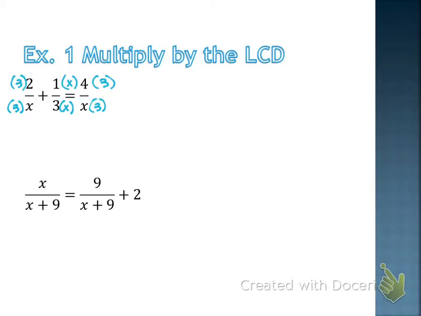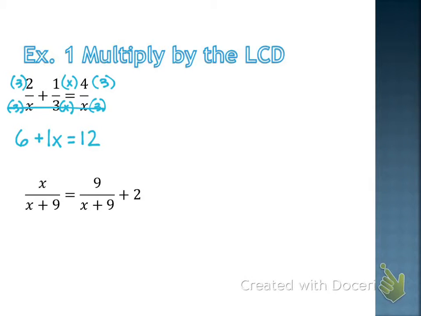After I've got my common denominator, I can just cancel out the denominators and work with my numerators. What's 3 times 2? Plus 1 times x is 1x, equal to 4 times 3, which is 12. Now I just have a regular equation that I can work with. I don't have to worry about simplifying a fraction.